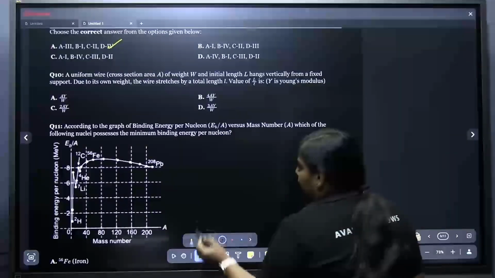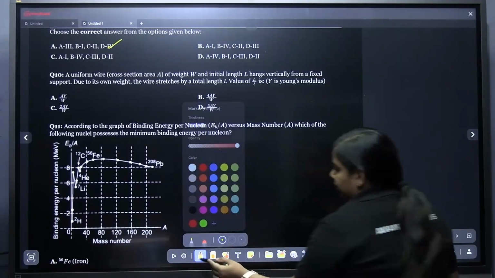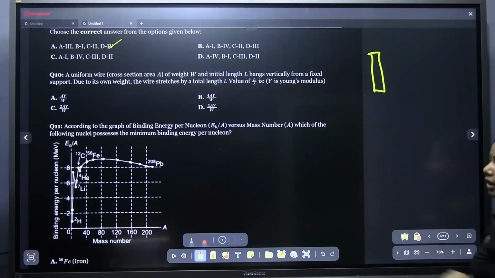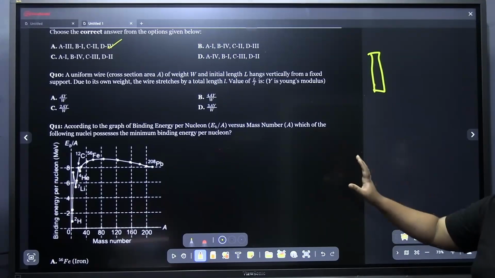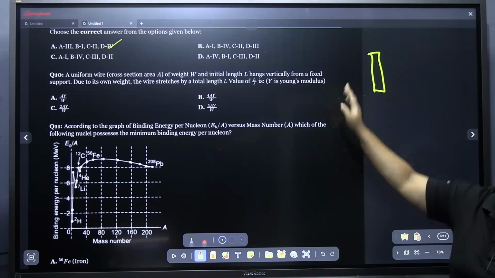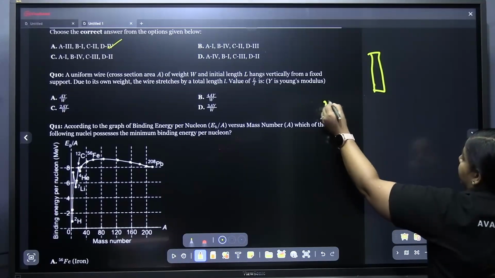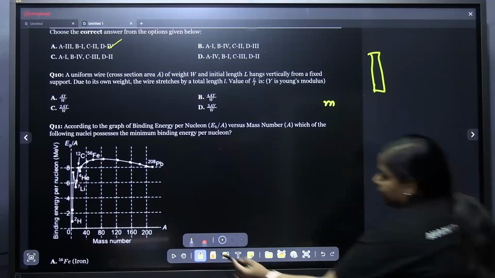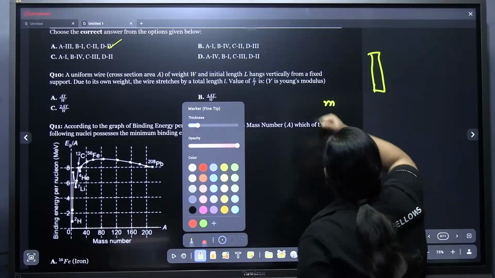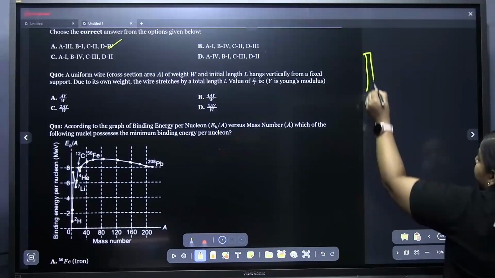So here how we have to solve is, see, this is our initial wire of cross section area A, total weight W, length L. First we have to find mass per unit length.